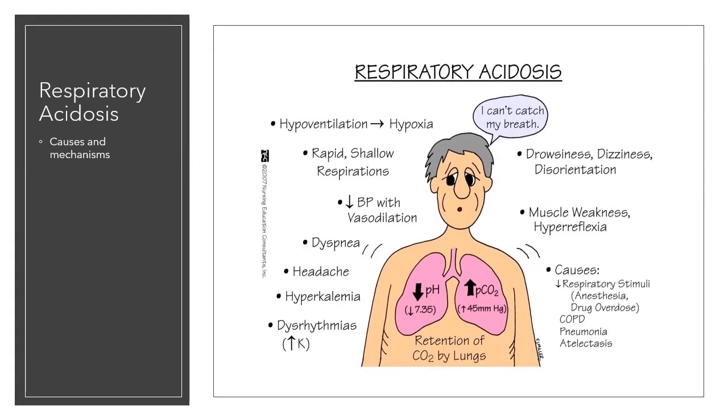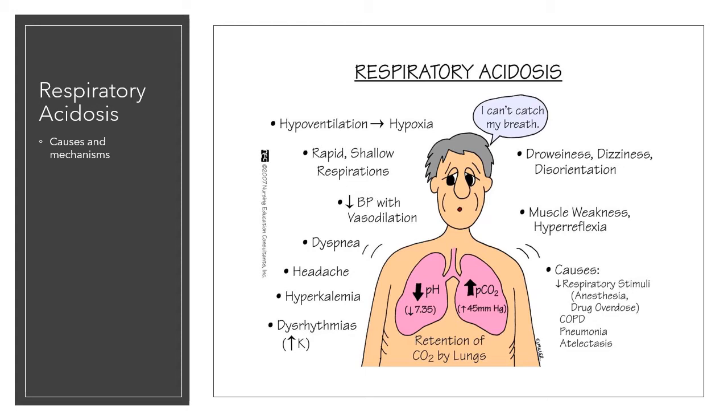Common causes of respiratory acidosis and mechanisms. In this case, the pH falls below 7.35, the PaCO2 rises above 45. This is because of retention of CO2 by the lungs, which results in hypoventilation, which eventually will result in hypoxia.